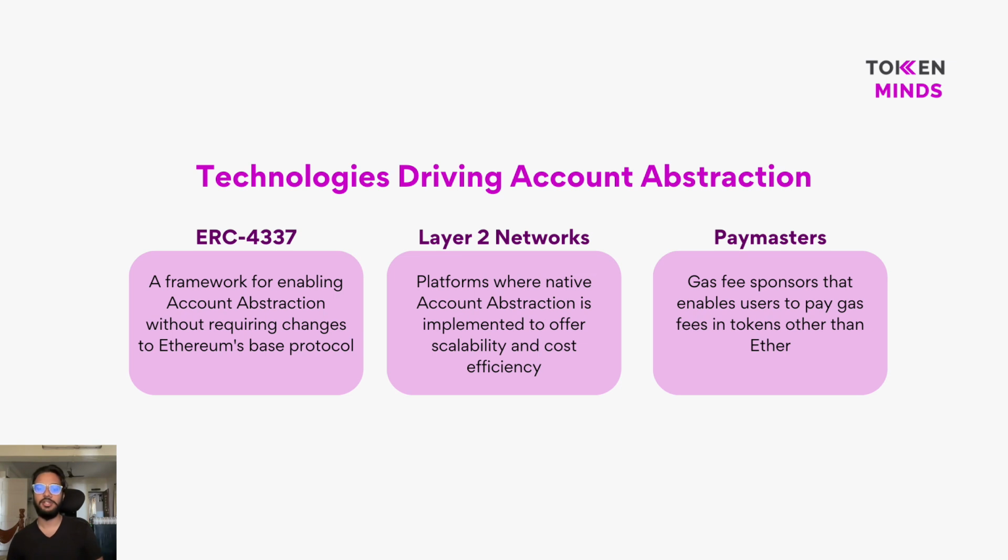Paymasters are separate smart contracts that pay the fees on behalf of the user, so users don't really need to pay the fees. It's kind of a custodial wallet concept, but natively built in. These things made account abstraction a cutting-edge technology, and that was the reason it was the talk of the town in 2023 and 2024.